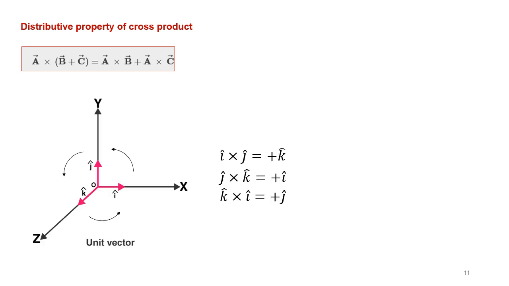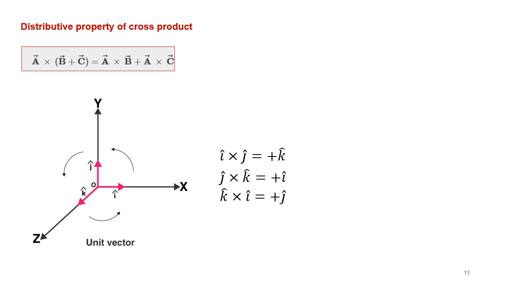The rules for the unit vector multiplications: I cross J will give you K. Why? Because the vector which is the result of I multiplied with J should be perpendicular to I and J. So I cross J, the vector is K. Why is it in the positive direction of the Z axis?